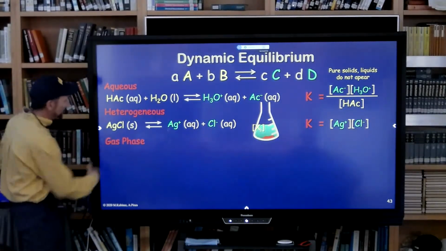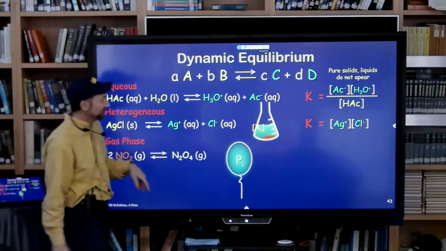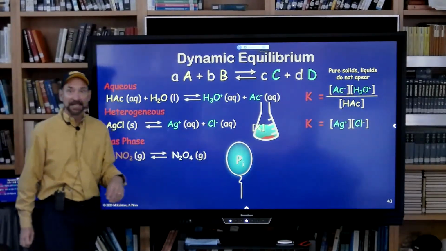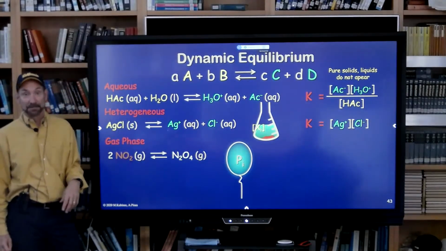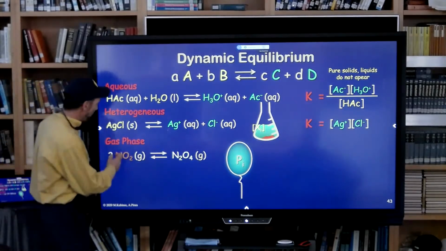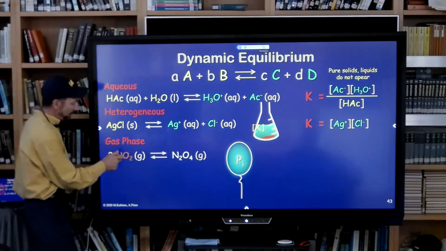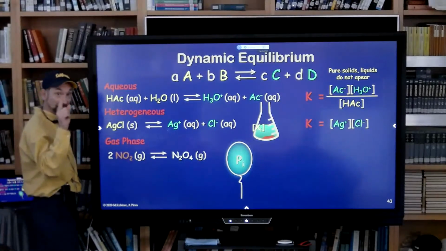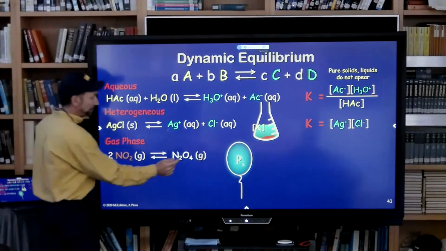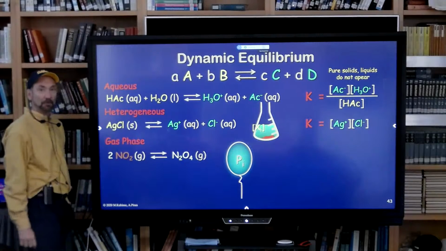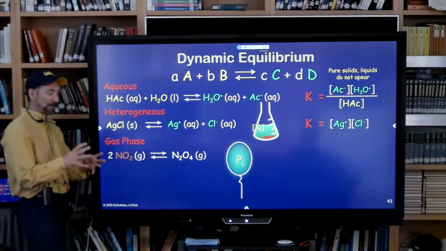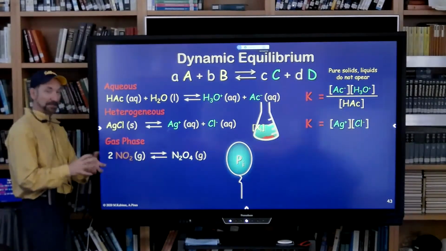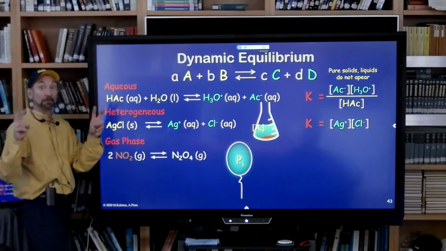You could do gas phase reactions, and when the reactions are in the gas phase, we use the pressures of the gases rather than the concentrations. So for this reaction that we looked at before, the pressure of just the NO2, the pressure of just the N2O4. When you talk about individual gases in a mixture, they each have a partial pressure.